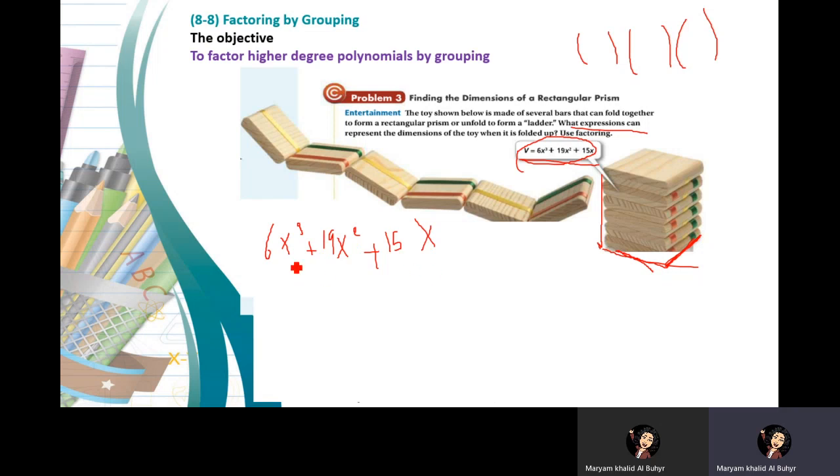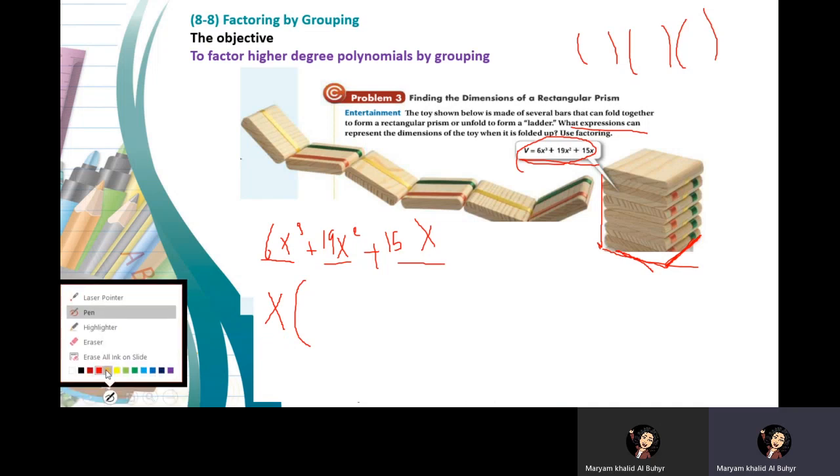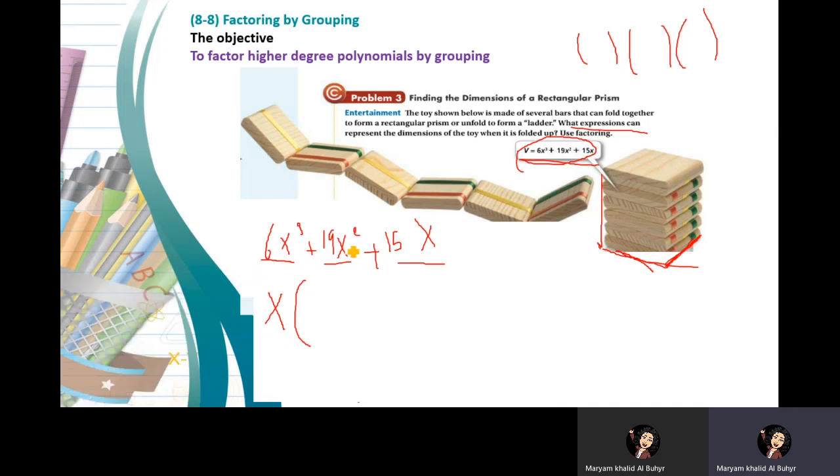So let's factor it. First of all, step 1, scan all of them. Do you have a common factor between all of them? As a variable, yes, I have x. So I will take x to the power 1, with the smallest power. I will look at my numbers. Do I have a common factor between 6 and 19 and 15? The problem is 19, no, I cannot. I don't have.